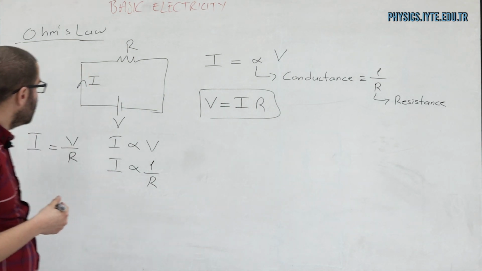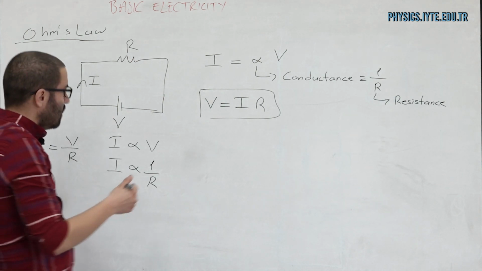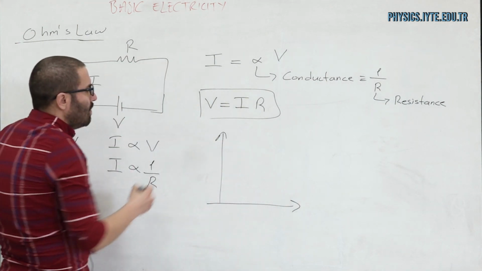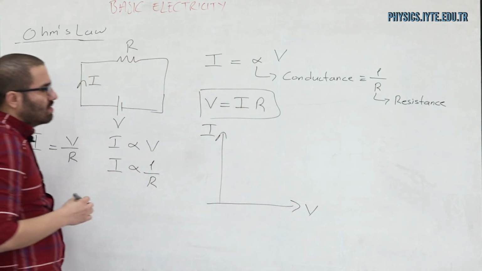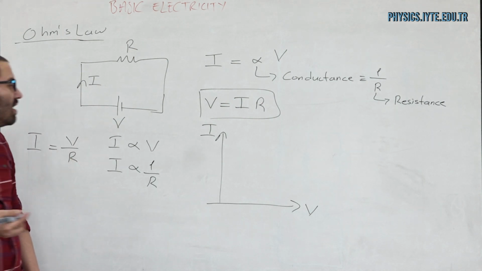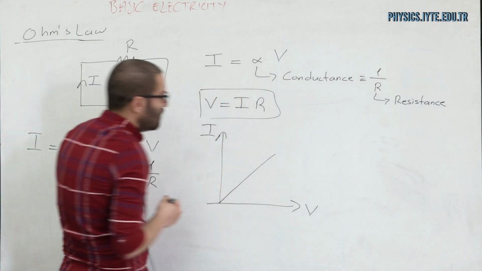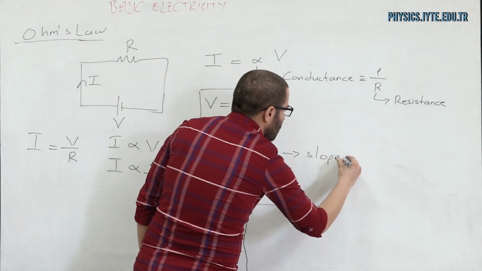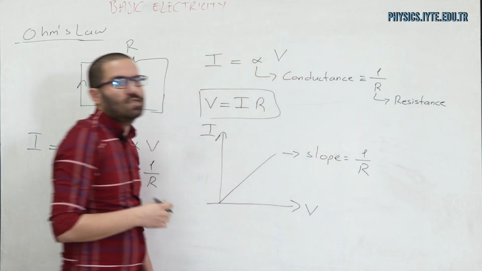Now in the experiment, in order to verify Ohm's law, we are going to increase the potential and measure the current for each potential value. If our resistance is ohmic, we are going to find out that the curve is going to be linear, and the slope is going to give us 1 over R, the resistance in the circuit.